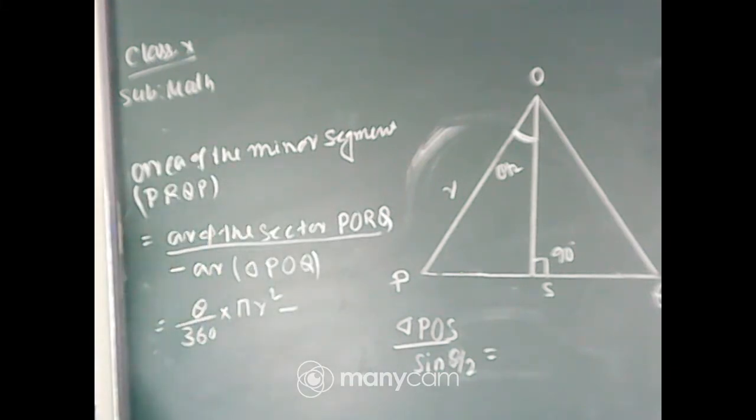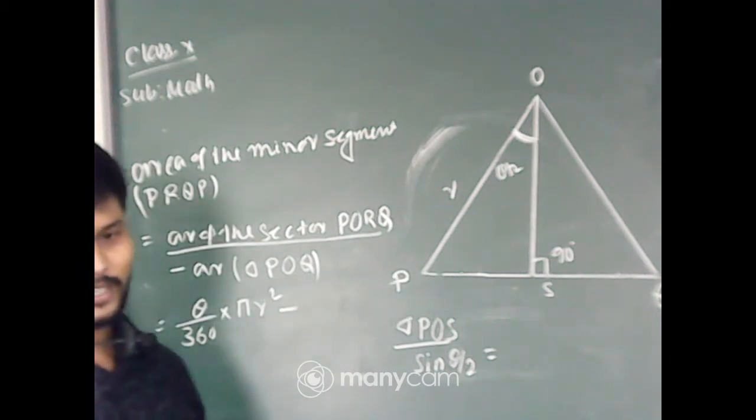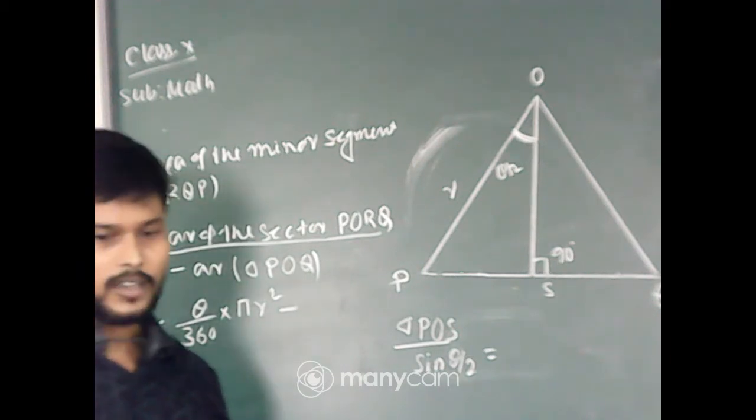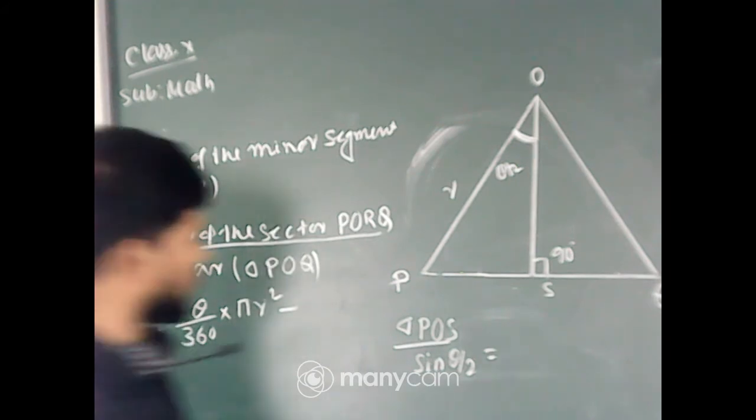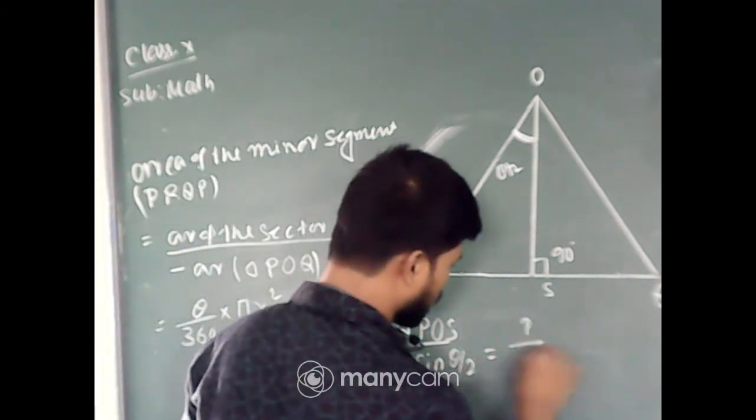Sine means the ratio of which two sides of a right angle triangle? Perpendicular by hypotenuse. Okay, so the formula is perpendicular by hypotenuse.